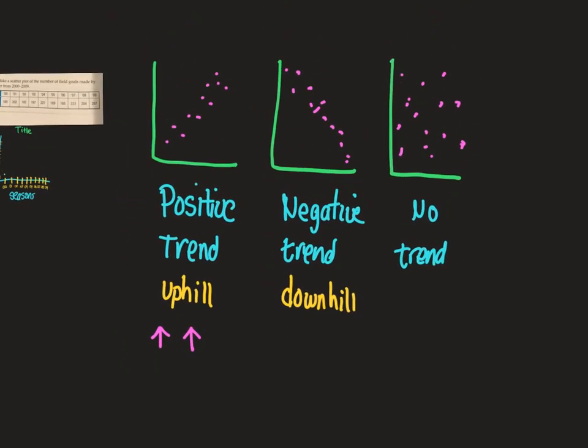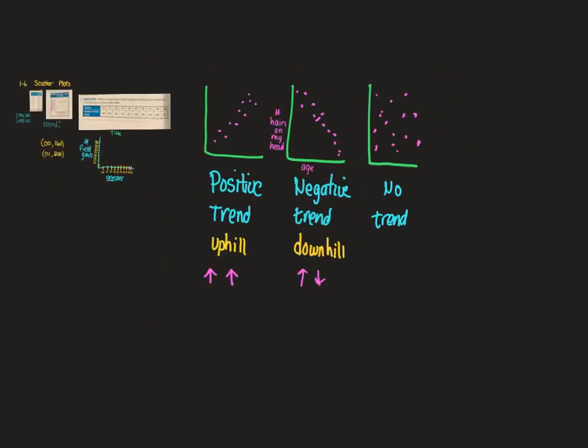A negative trend would be as one idea gets bigger, the other idea gets smaller. So I'm not sure if you've ever thought about this, but as people get older, elderly people, they start losing their hair. Maybe your grandparents have started losing their hair. A lot of times it's the guys, it's the dads, it's the grandpas.